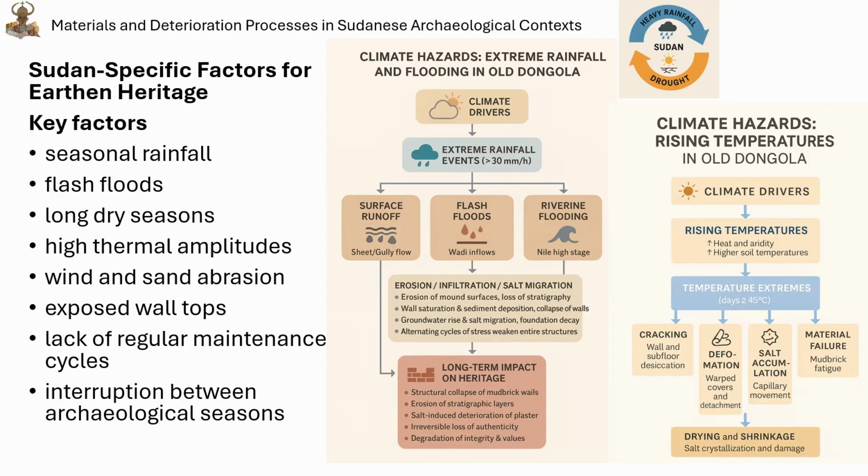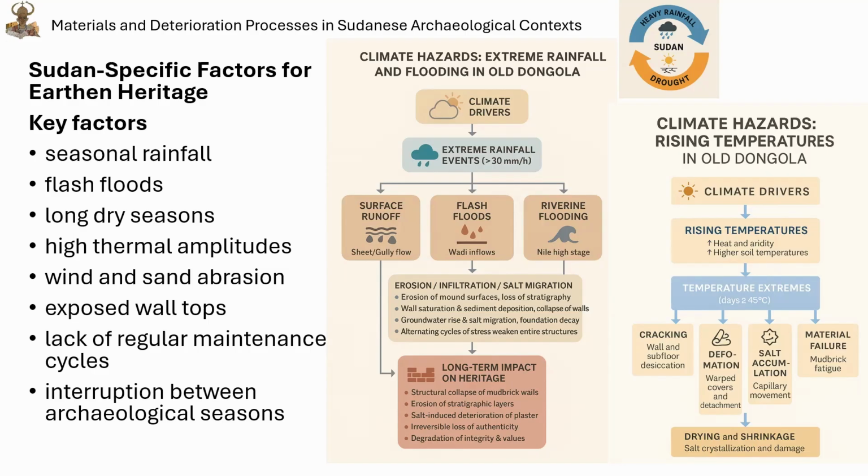Traditional earthen architecture can survive through repeated care, but archaeological sites often lack this continuous maintenance cycle. This makes preventive conservation and seasonal planning essential. And here you have a scheme for Old Dongola about analysis of climate hazards.